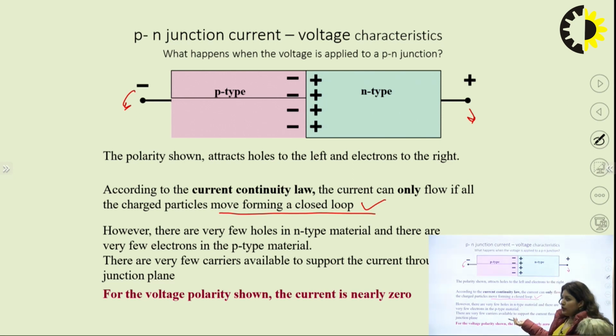There are very few carriers available to support current through the junction plane. So the current in this situation is very small, not negligible but in microamperes. For the voltage polarity shown, the current is nearly zero, though it is in the microampere range.